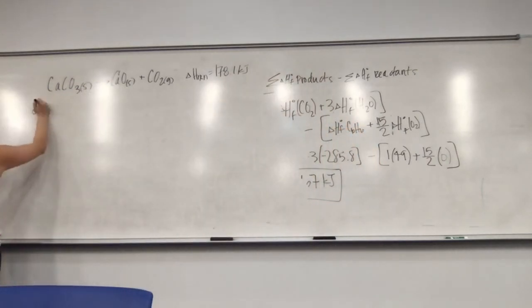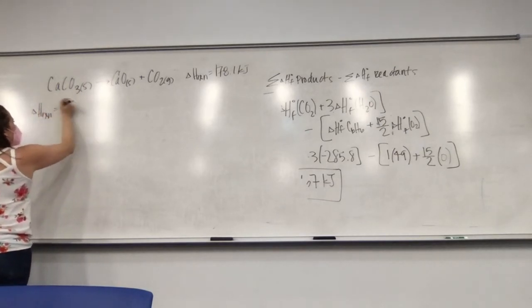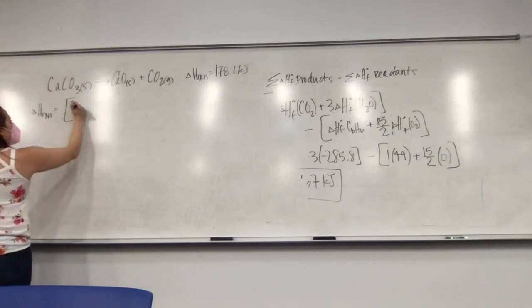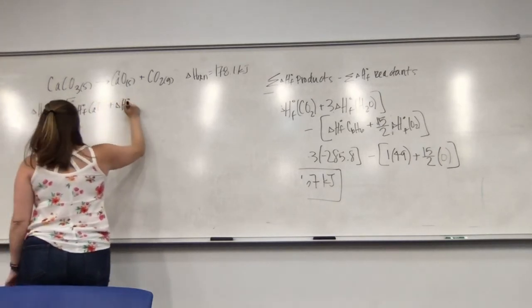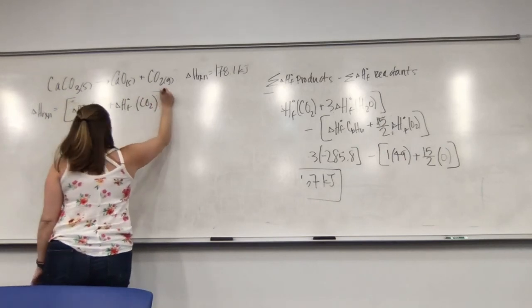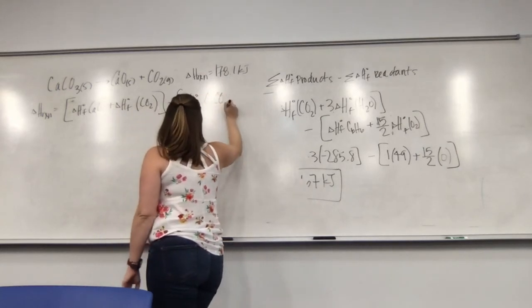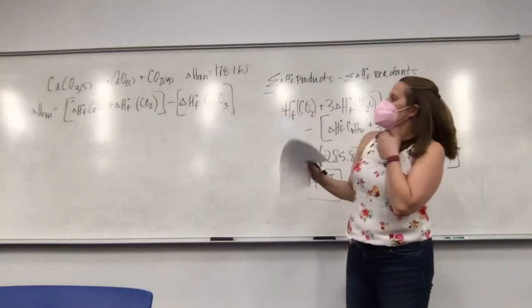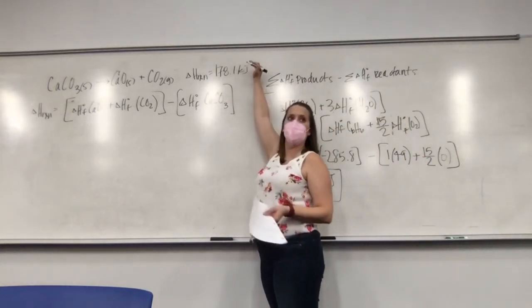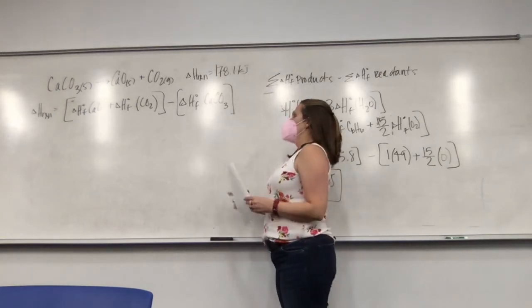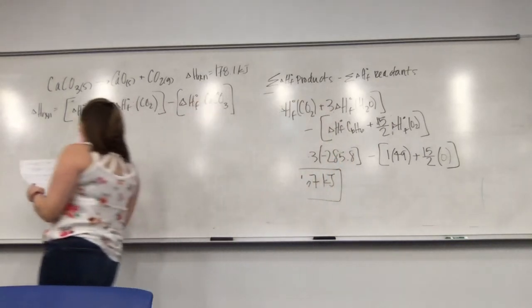So delta H reaction is equal to the delta H naught F of calcium oxide plus delta H naught F of CO2 gas minus delta H naught F of calcium carbonate. Ordinarily, we would use the values from the table, plug it in here, and get 178.1. But I'm asking you to find this value for a known reaction. So now we can start to plug that in.